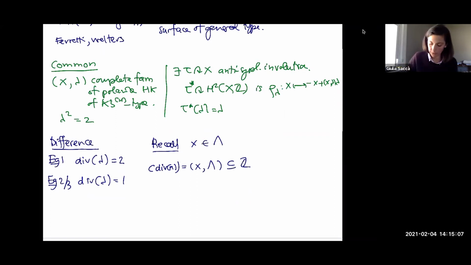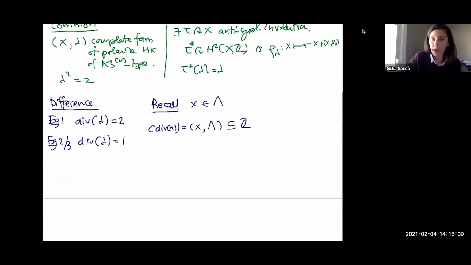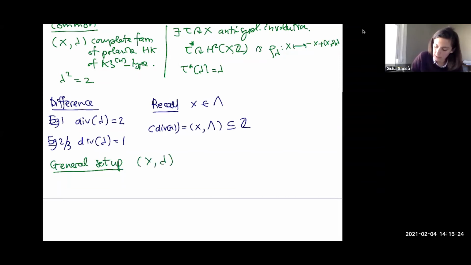Okay, so I think you can probably imagine where this is heading. And so let me give you the general setup. So we start with a polarized manifold of K3^[n] type, where lambda squared is equal to 2. And again, of course, the divisibility has to be equal to either 1 or 2.